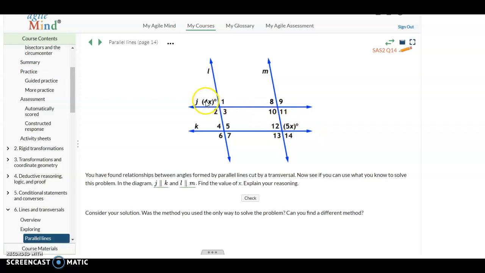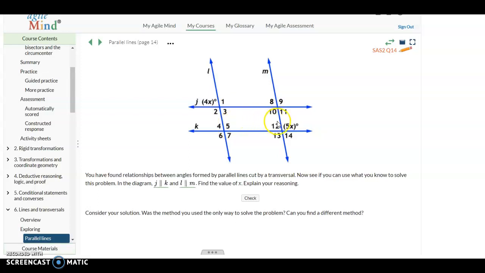Another way I could go about it is to say, well, the 4x here and angle 3 are vertical angles. And I know vertical angles are congruent, so angle 3 has to be 4x as well. I could say that angles 3 and 5 are consecutive interior angles, and so they have to be supplementary. So angle 3, which is 4x, and angle 5 have to be supplementary to each other.